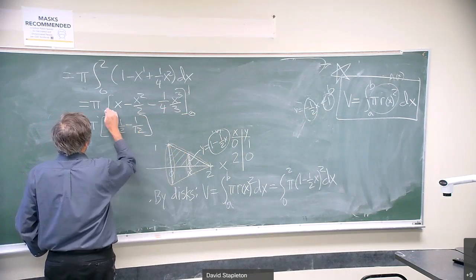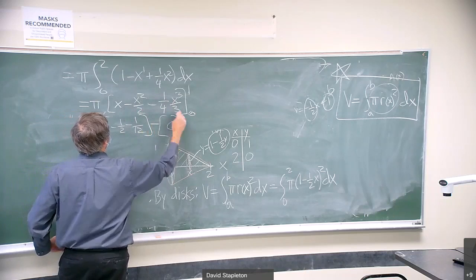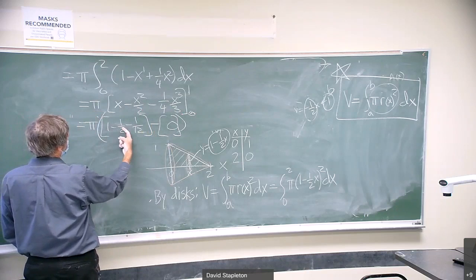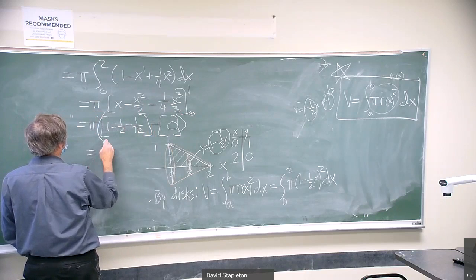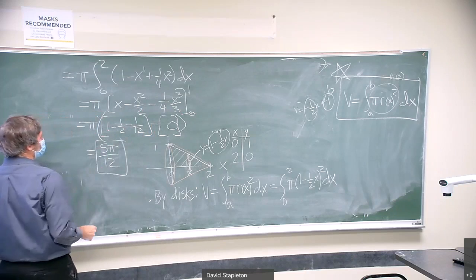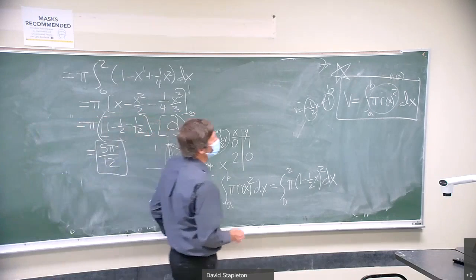And if I plug in 0, I get 0 minus 0 minus 0, so I get 0. So I got pi times 12 twelfths minus 6 twelfths minus 1 twelfth. That's 5 twelfths. I get 5 pi over 12. There's the volume of that cone. How about that? Pretty neat, huh? So you can find volumes of lots of solids of revolution using the method.